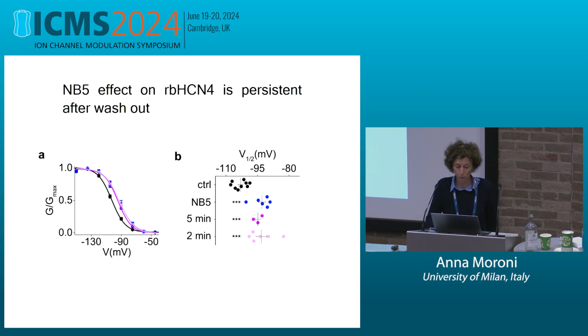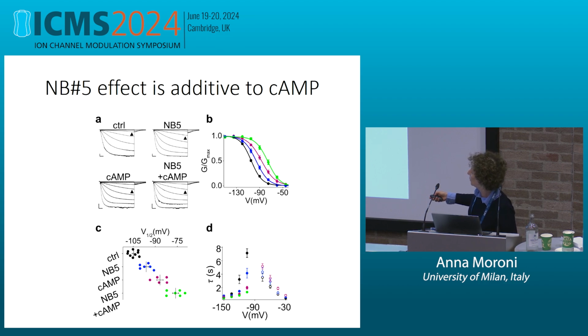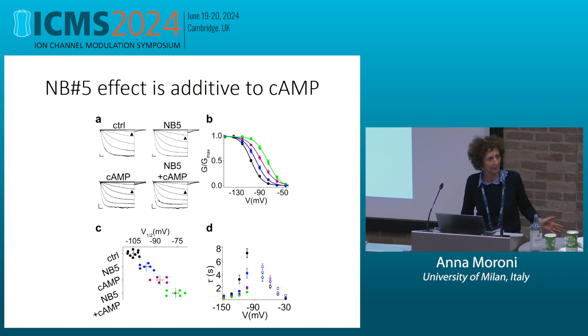Yes, that's a very good question. They are additive. We were also surprised to find out that, as you see, the nanobody 5 shifts to the right. This is the effect of cyclic AMP alone. And this is the effect of nanobody 5 plus cyclic AMP. They are mathematically additive.